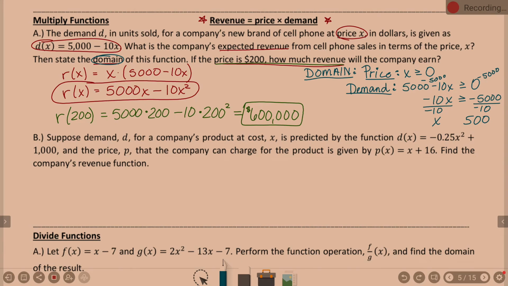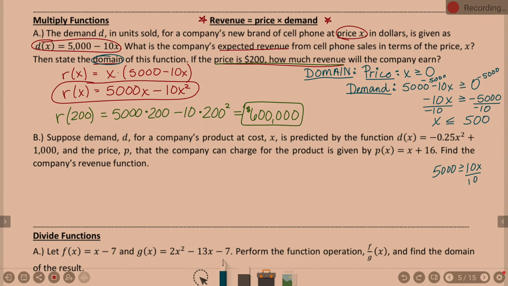Well, what do we do when we divide both sides by a negative? When you multiply or divide both sides by a negative, we have to flip the sign. So this greater than or equal to becomes less than or equal to. If you went the other way, and I'll just do a side note down here, you had 5,000 greater than or equal to 10x.